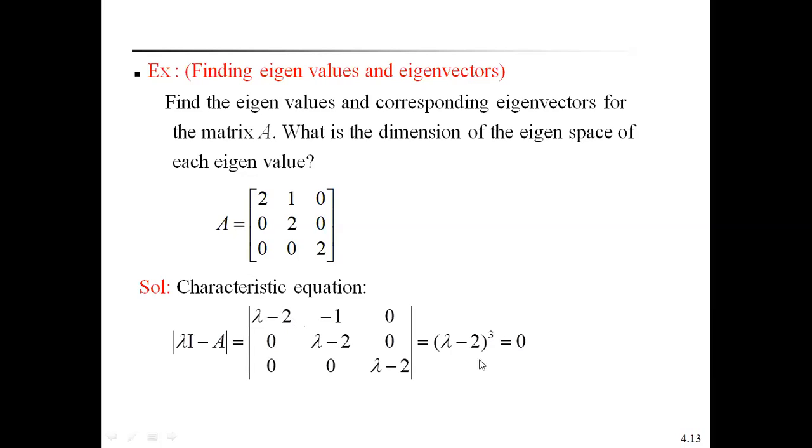What are the eigenvalues? Lambda equal to 2, 2, 2. All three values are the same, therefore the eigenvalue is lambda equal to 2, but the multiplicity is 3. That means the value 2 is repeated 3 times.